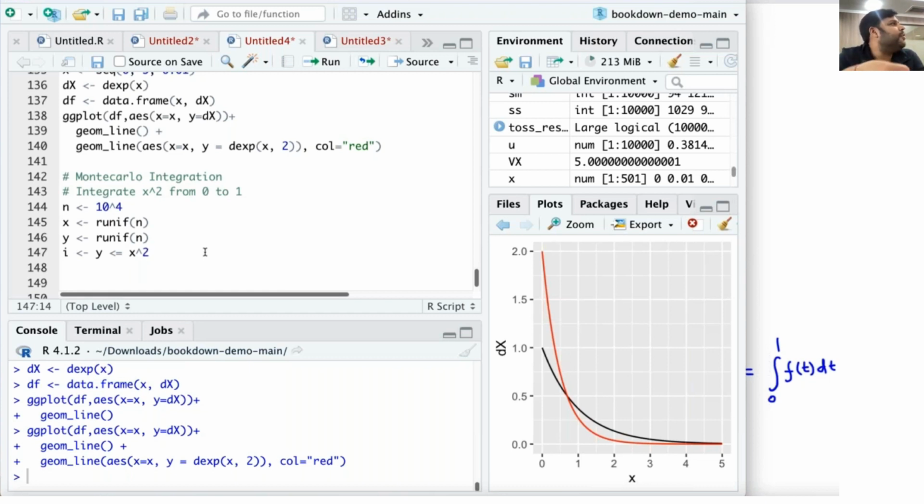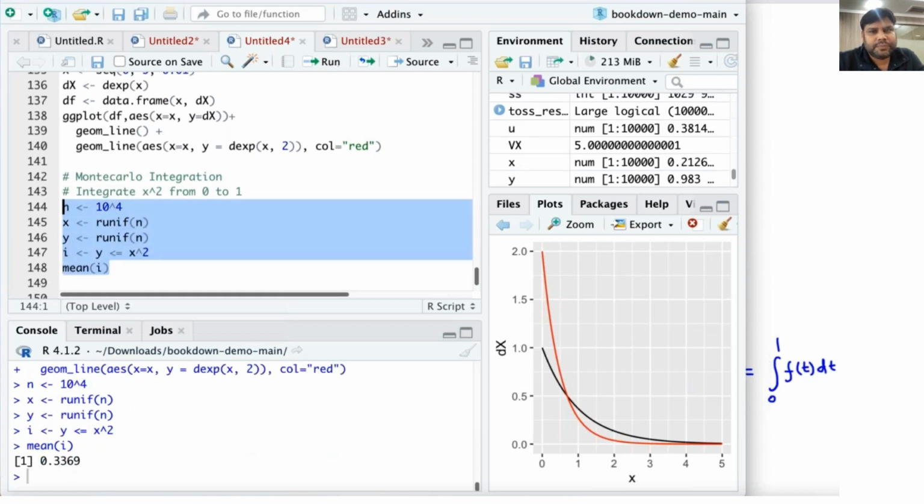True whenever the point falls below the graph, false when the point lies above the graph. Now I want the proportion of points that lie below the graph. So what should I do? Mean of I. That's it. Let's run this. And you can see it's actually close to 1/3. Is that fine?